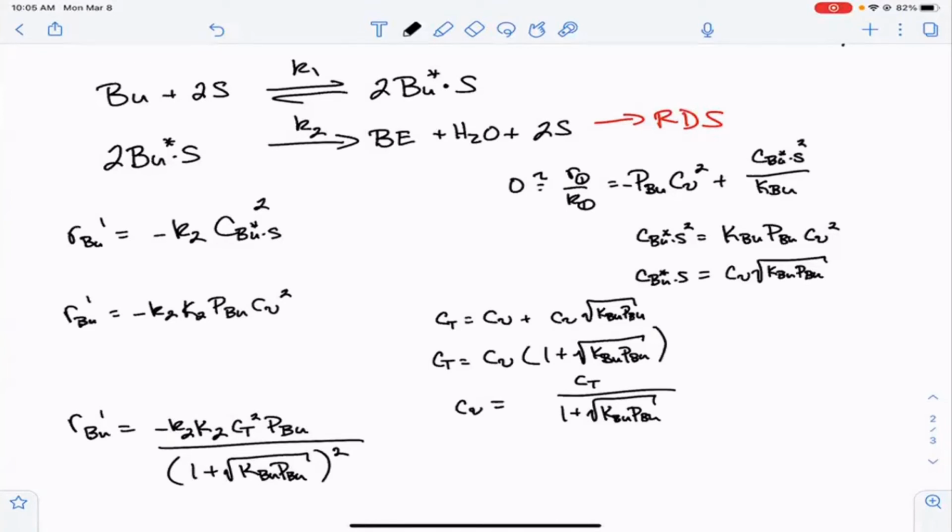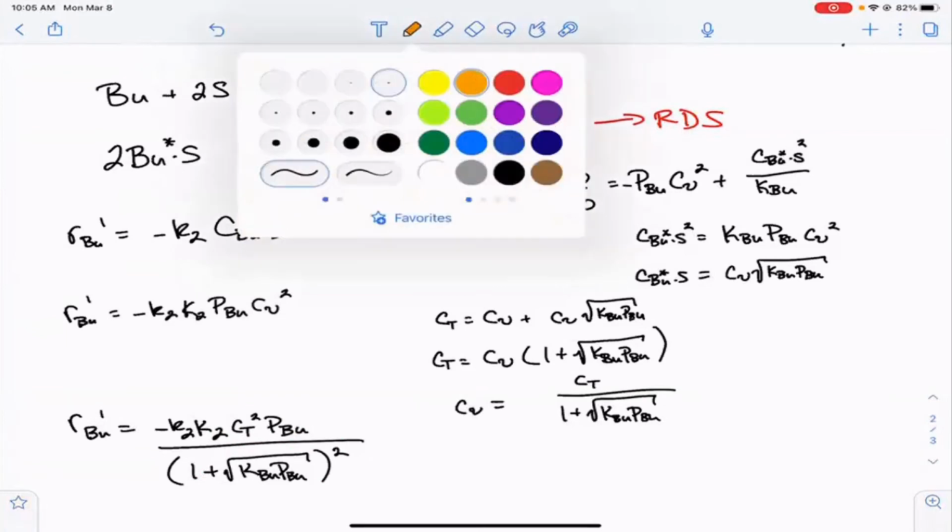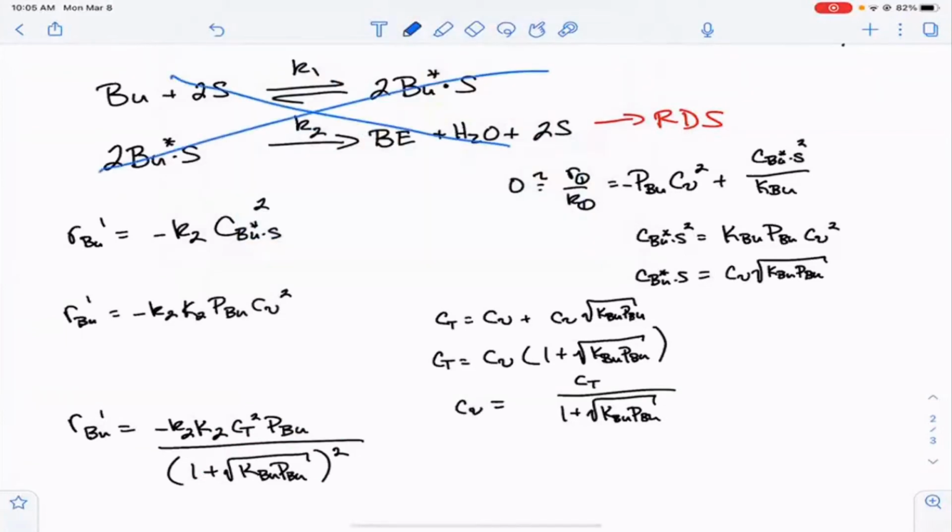And that's really close, but this square root was not in the original rate law. And so we know then that this also is not the mechanism, because it doesn't match the rate law.